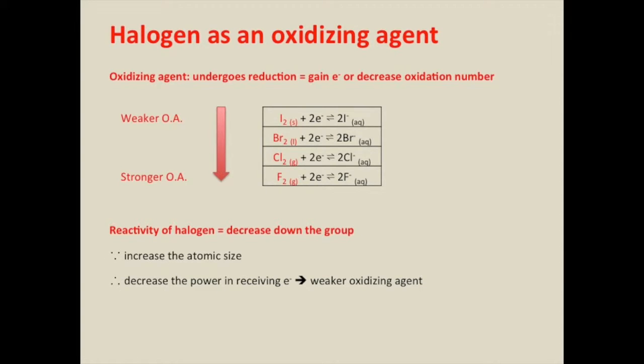This is because after we increase the atomic size when moving down the group, the power in receiving electron will also decrease. That means they will not undergo reduction easily, and hence that's why they become weaker oxidizing agent.